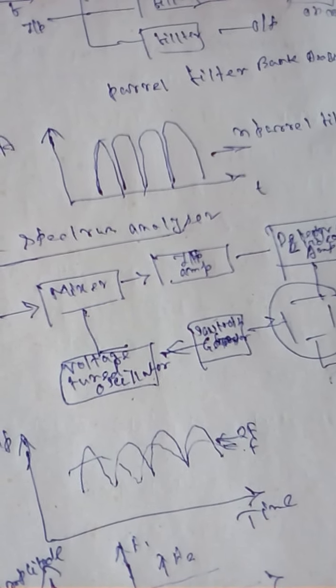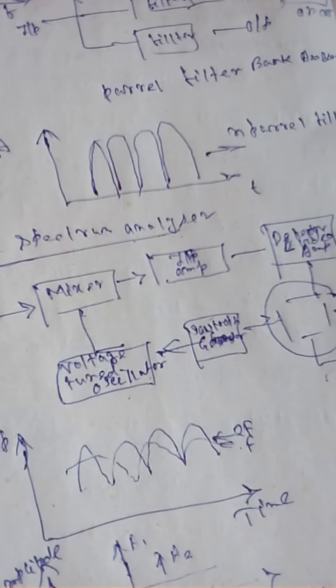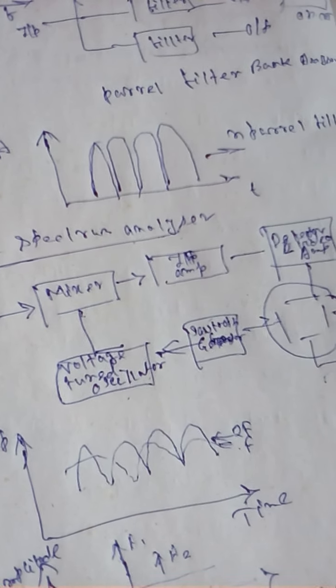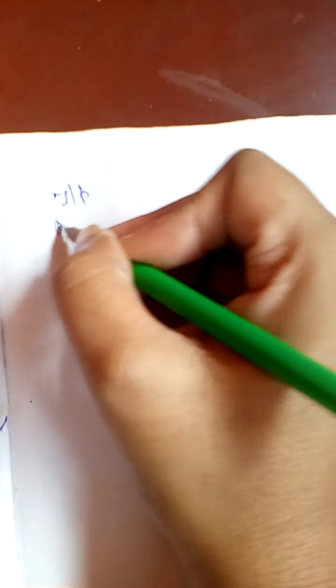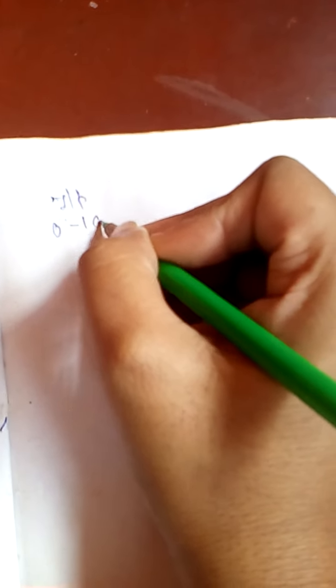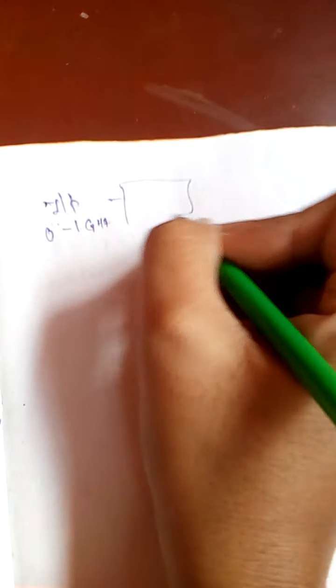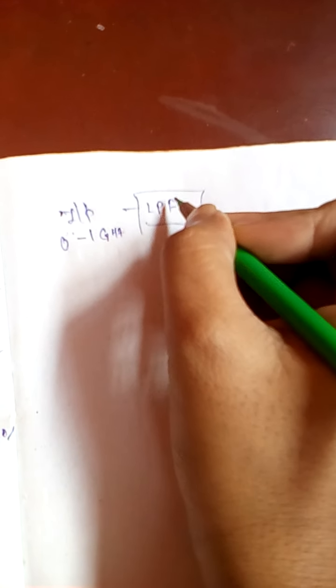How do we see an RF spectrum analyzer? There is an input. Suppose we give 0 to 1 gigahertz, then it is passed to a low pass filter.